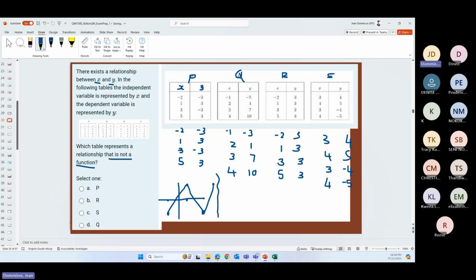Then if we look at this function, it's, again, let's quickly draw it. X -1 and -3, then x2 will be there, x3, x7.